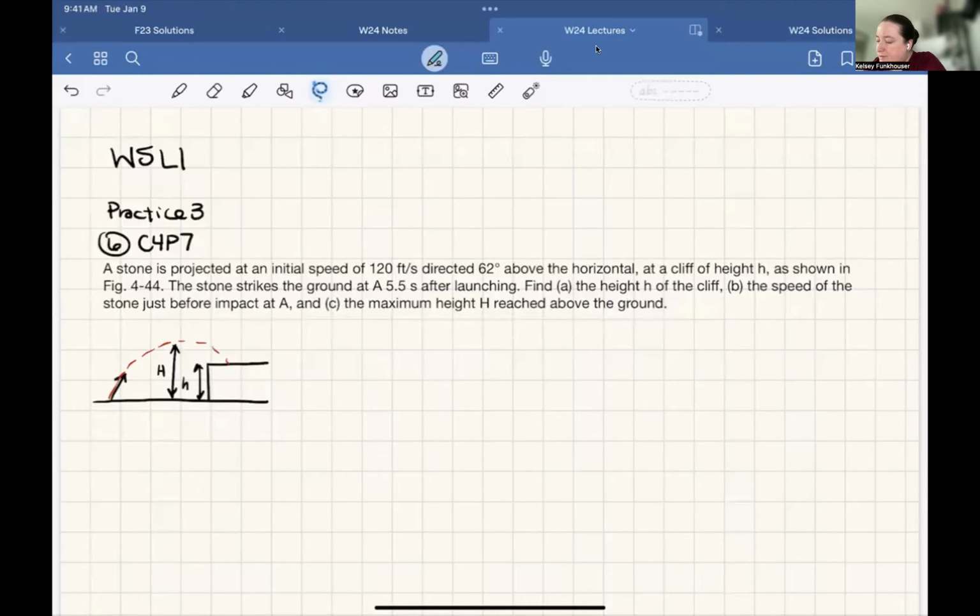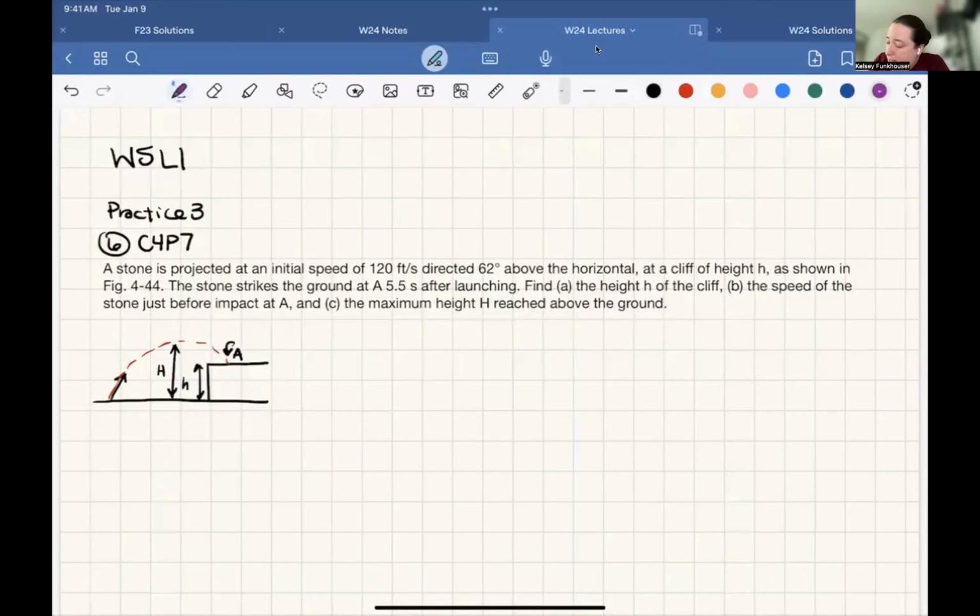The stone strikes the ground 5.5 seconds after launching. So we want to find the height of the cliff, the speed of the stone just before impact, and the maximum height h reached above the ground. And I'm just seeing that this is labeled as point A.